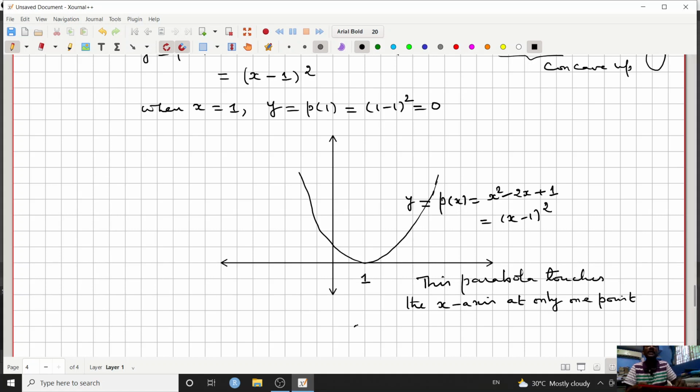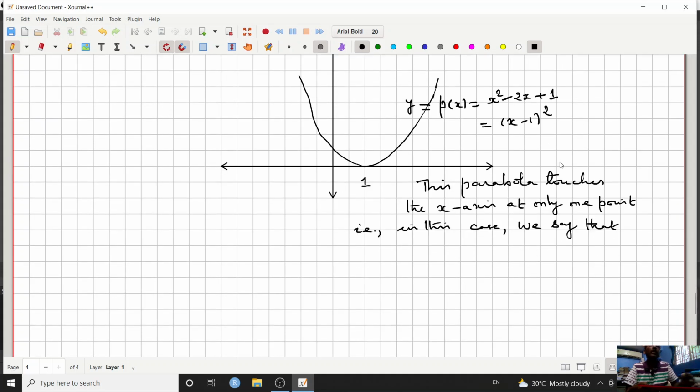In this case we say that the x-axis is a tangent to the parabola.